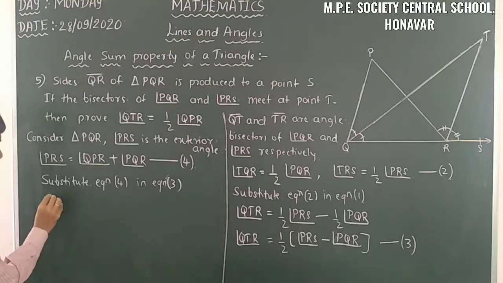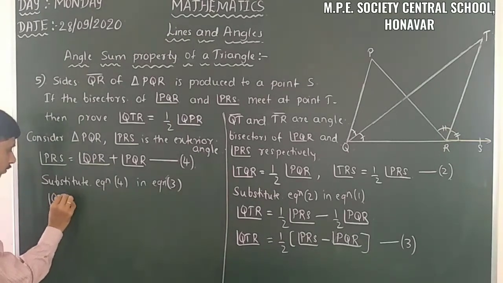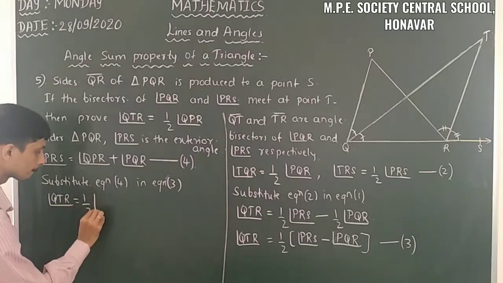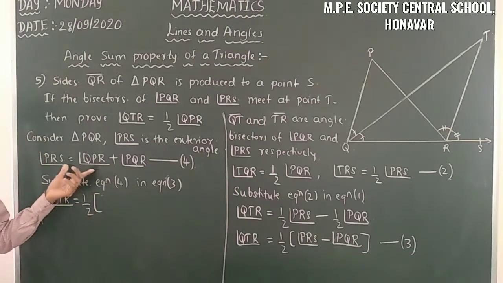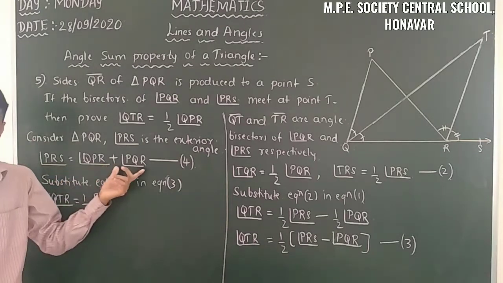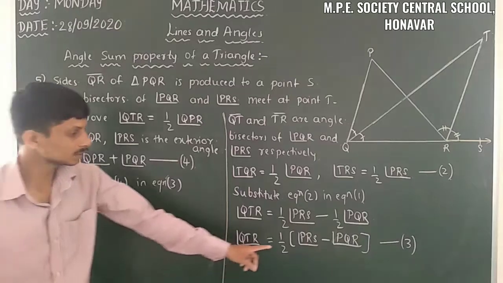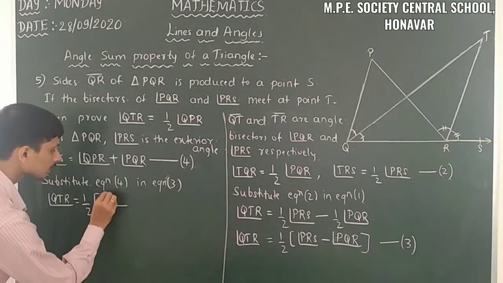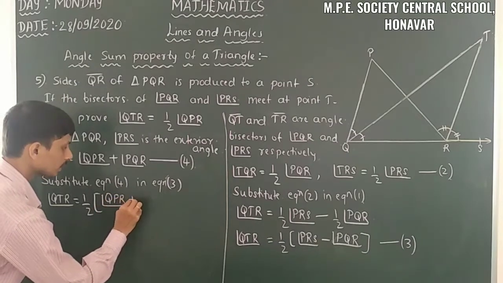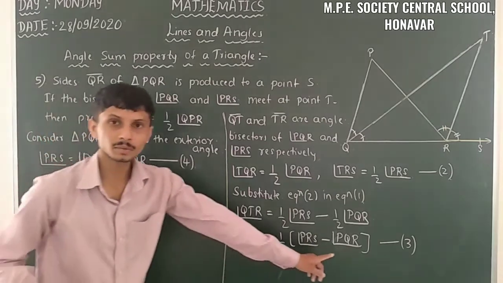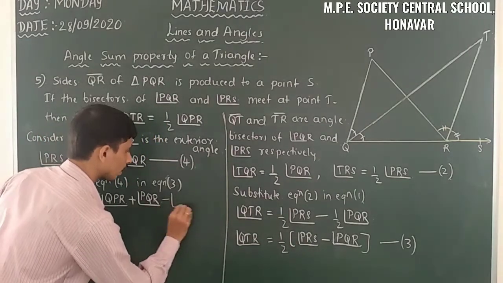Then angle QTR is equal to half of, so we have to substitute angle PRS is equal to angle QPR plus angle PQR in place of angle PRS, that is angle QPR plus angle PQR. So what is the remaining term here? Minus angle PQR.